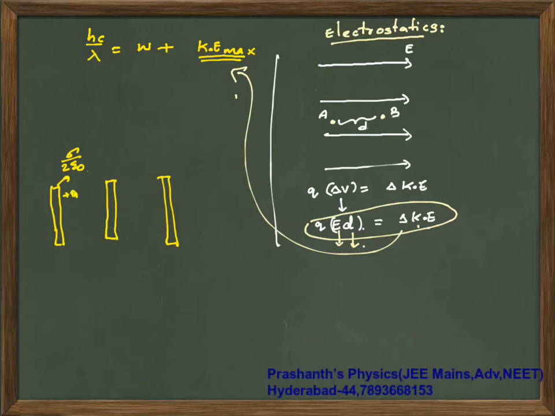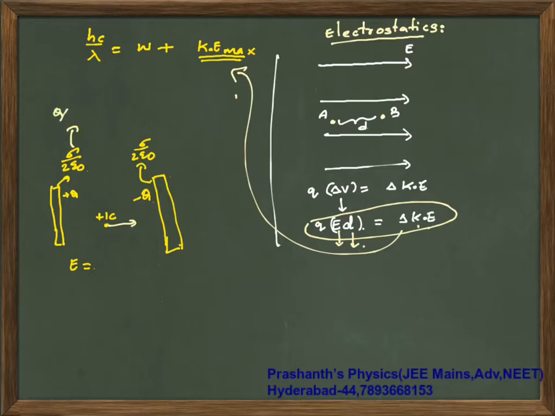So if it is plus q charge and minus q charge, when two metal plates are kept like this, between the two metal plates, if you have learnt electrostatics properly, this part I have added later in my playlist, your electric field is sigma by 2 epsilon naught and sigma by 2 epsilon naught. If you take plus 1 coulomb charge, because of the left side part it is sigma by 2 epsilon naught towards right. Sigma is charge by area, so sigma's value is q by a.